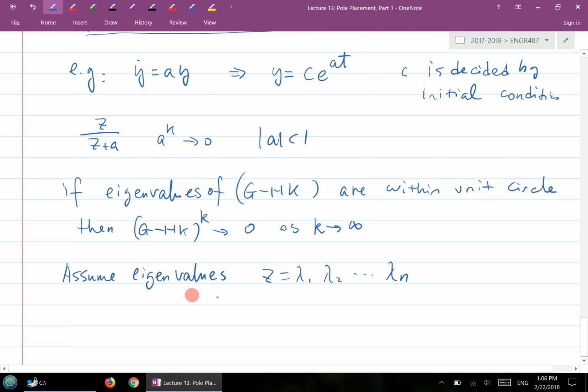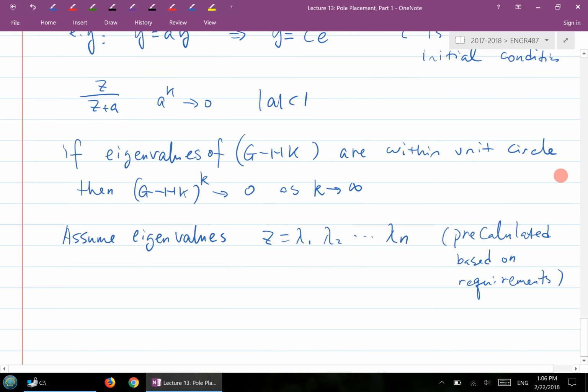So you can assume you have certain eigenvalues, and these can be pre-calculated based on specifications or requirements.